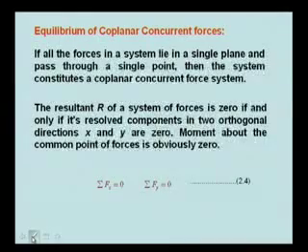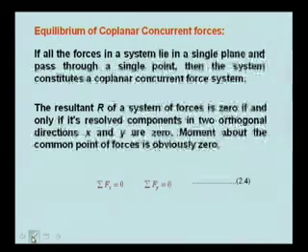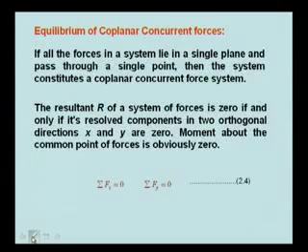Now, let us discuss the equilibrium of coplanar concurrent forces. If all the forces in a system lie in a single plane and pass through a single point, then the system constitutes a coplanar concurrent force system. The resultant R of a system of forces is 0 if and only if its resolved components in 2 orthogonal directions x and y are 0.